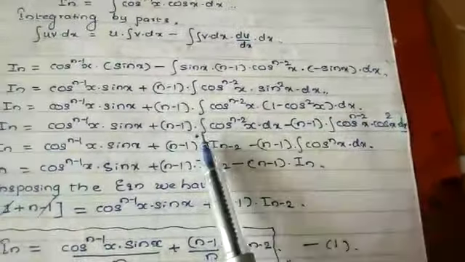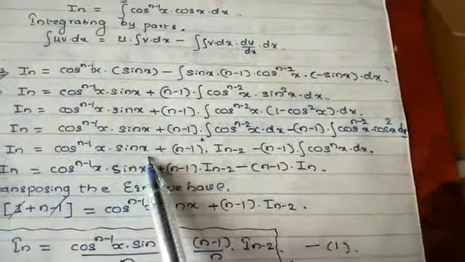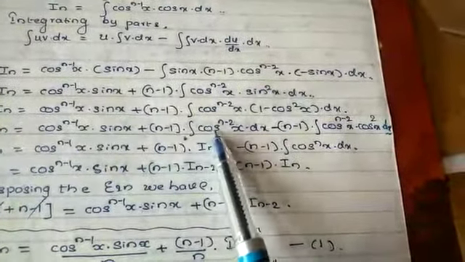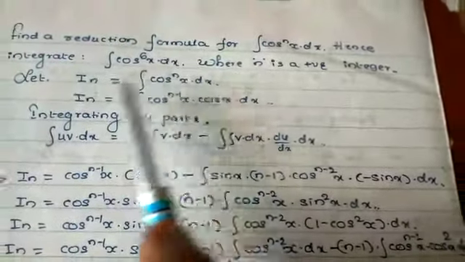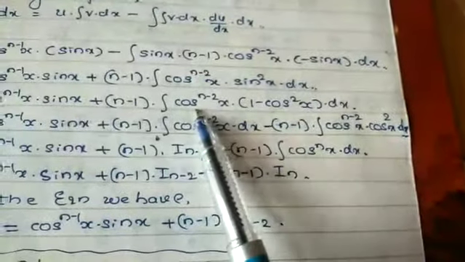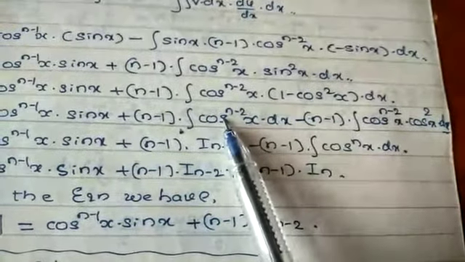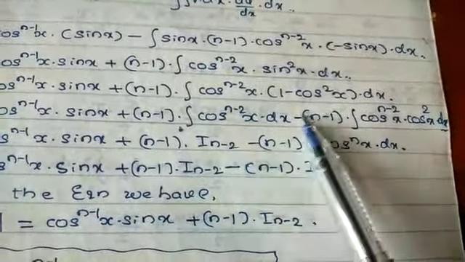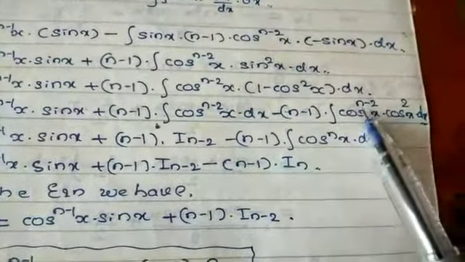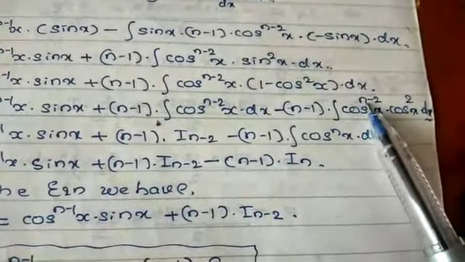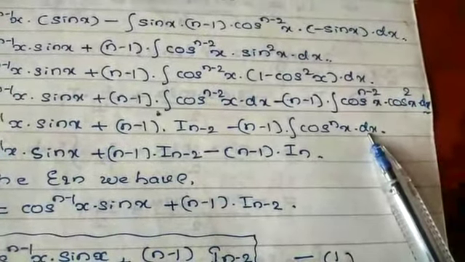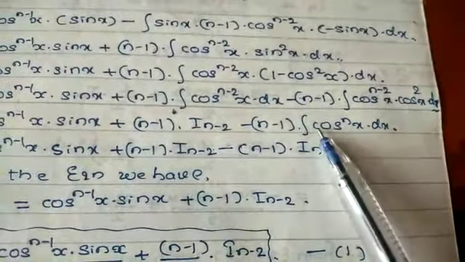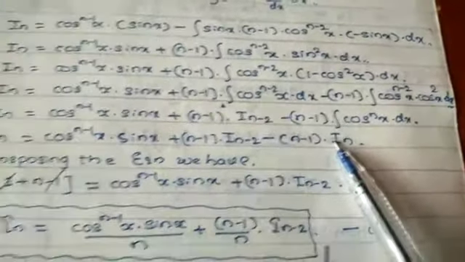In the next step, the first term as it is plus n minus 1 into integration of cos raised to n minus 2 x, which we are considering as I_n minus 2. Minus of n minus 1 into I_n, plus 2n minus 2 get cancelled, so it is integration of cos raised to n x with respect to x, which we consider as I_n.